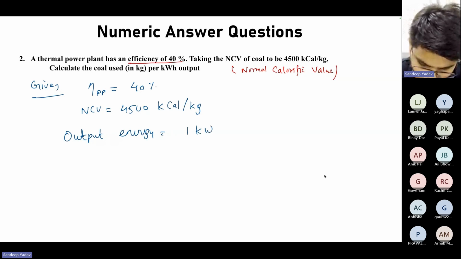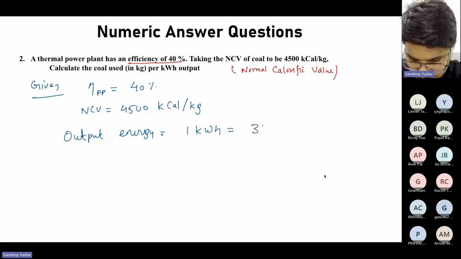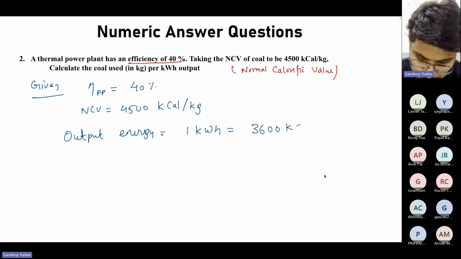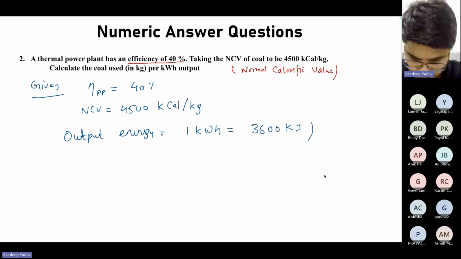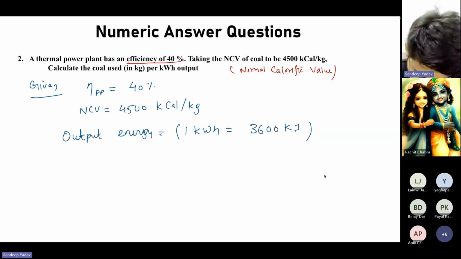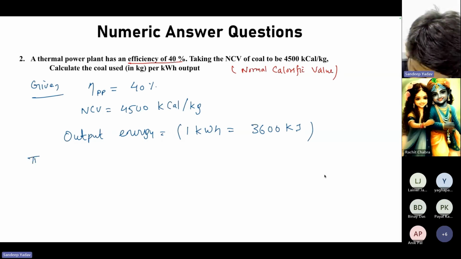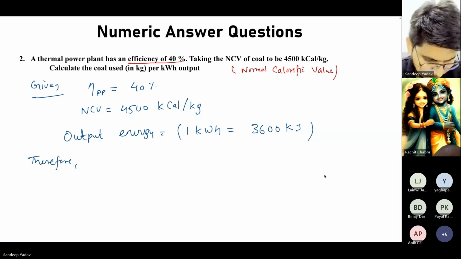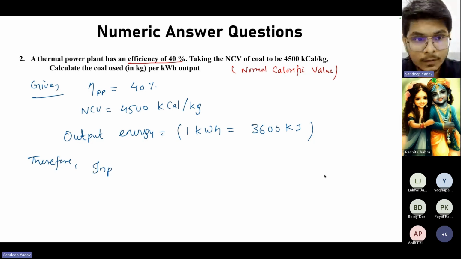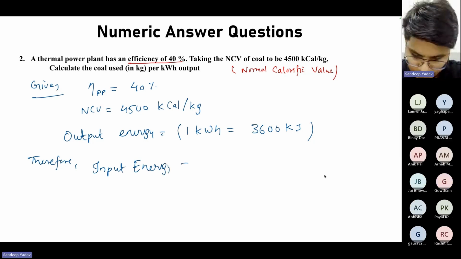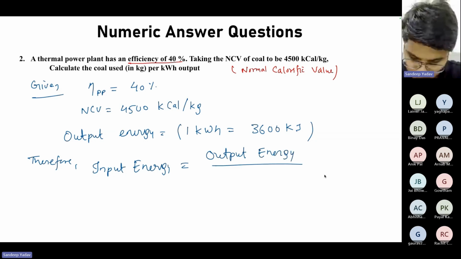1 kilowatt hour is equal to 3600 kilojoule. That's just a unit conversion, nothing more than that. Therefore, input energy will be output energy divided by efficiency. That's the standard formula of efficiency we are using here.